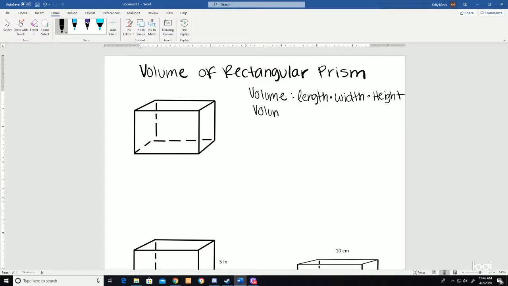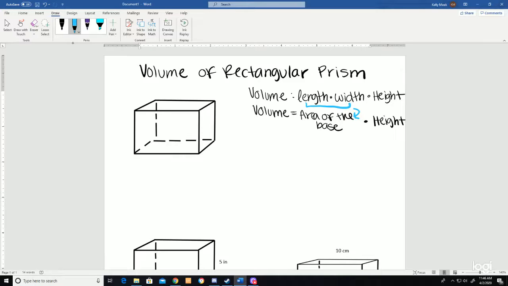We actually use volume equals big B times H. And that big B stands for the area of the base times height. Now what's really cool about this is it's the same as the formula that you used last year. The only difference is that we put these two together and create the area of the base.